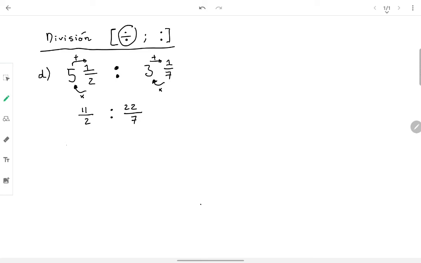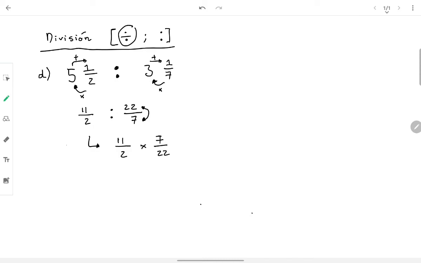So we can transform this into a multiplication. If we change these two of order, we will have 11 halves multiplied by 7 over 22.